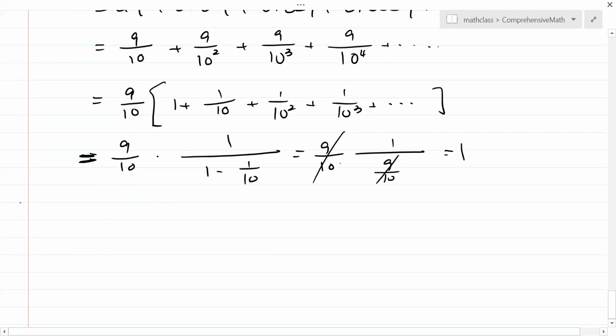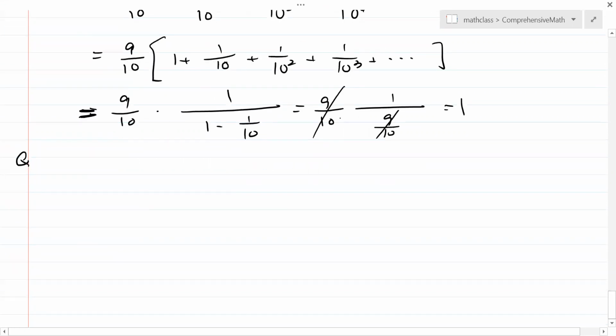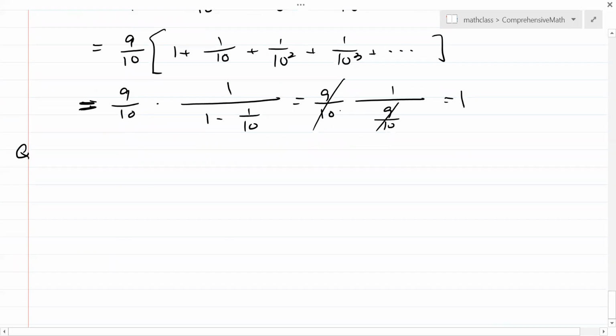My next question is this. I have an equilateral triangle.